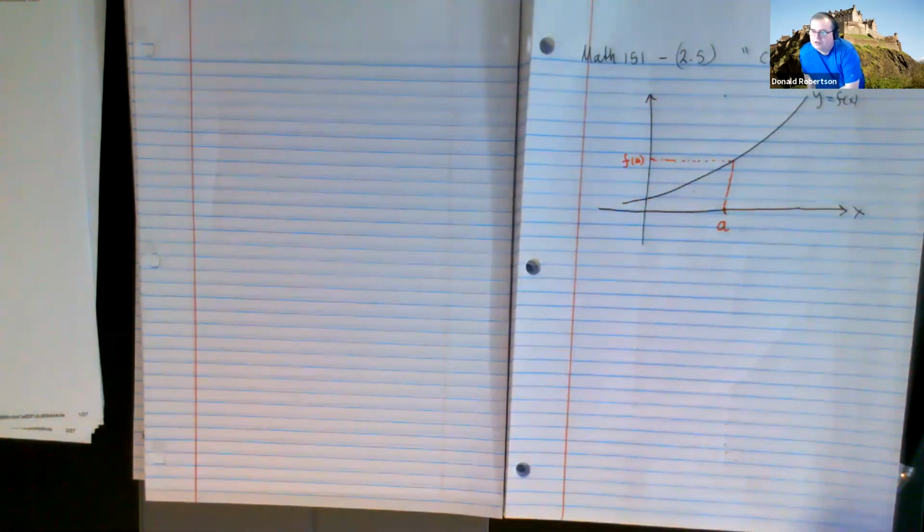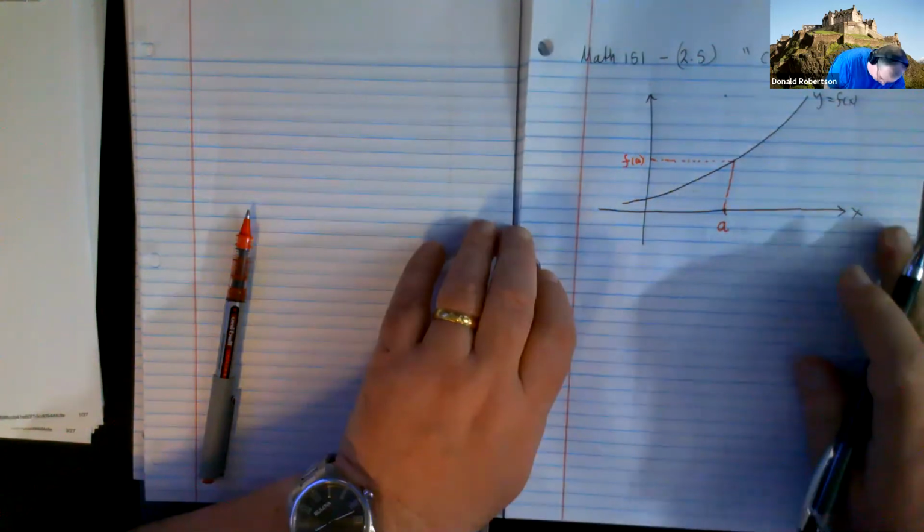In this particular function, nothing really that remarkable is happening. Would you agree that this function's limit at a is f of a? How do I know that? Well, can you see it's just a smooth curve with nothing going on? That's what continuous looks like. Most functions are continuous. You don't even notice it because that's kind of what functions should be, really. They should be continuous if life was fair.